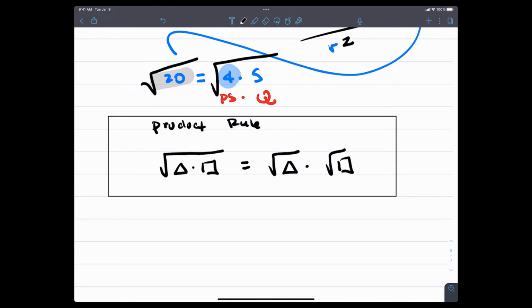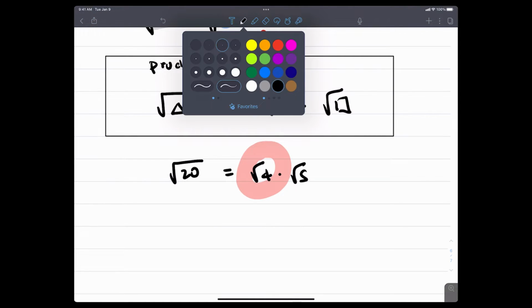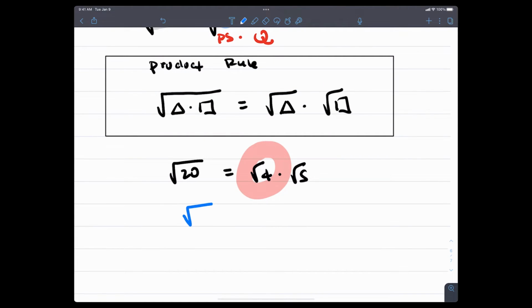So you go, the square root of 20 is the square root of 4 times 5. Oh, is that what you're trying to tell me? Yeah, by the product rule, the square root of 4 times the square root of 5. What do you guys know about the square root of 4? That's a perfect square. What's the answer? 2. So here's what I'm going to say to you guys.